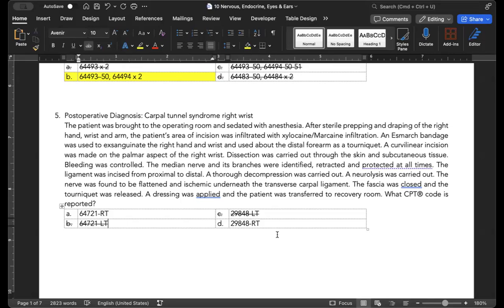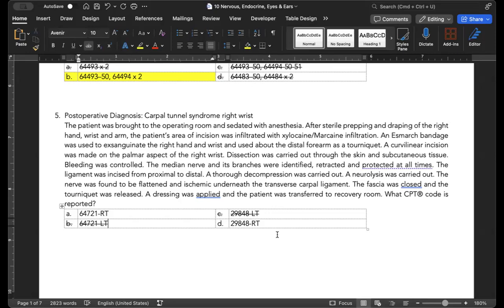Then we would know that we need to code that with the E/M code instead of the 10,000 series for the repair. So it's possible. They won't always put one in there, but it's possible that they could use that as a scenario. Okay, thank you. You're welcome.